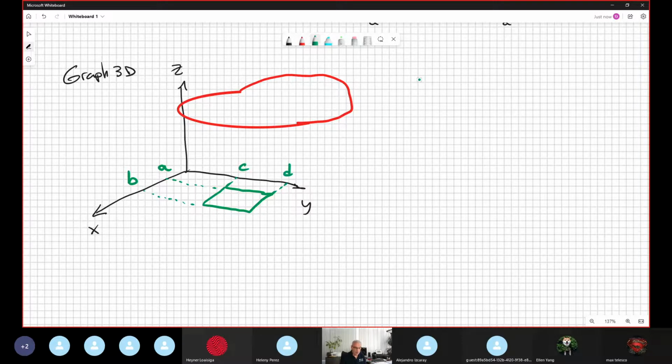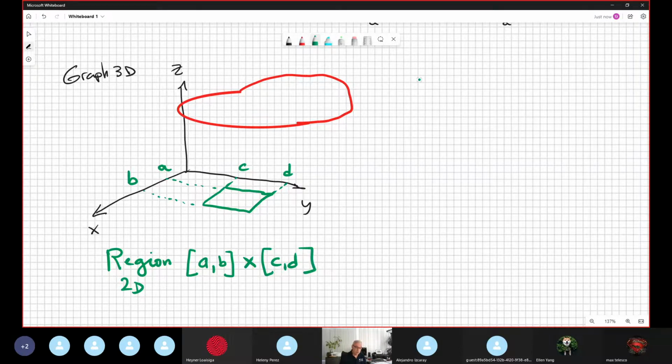So our region, in green color, is 2D. We can represent it like that, the Cartesian product between this interval and the interval c, d.